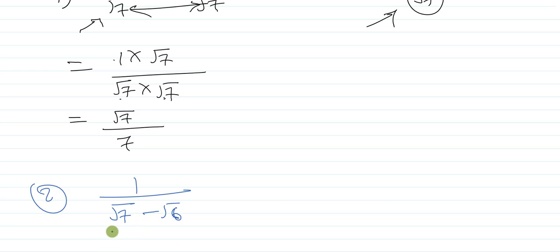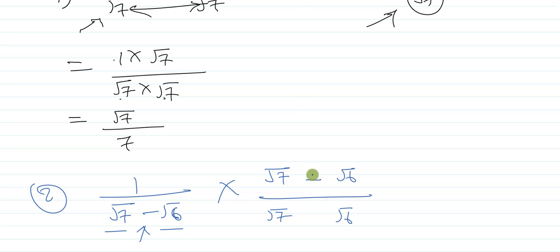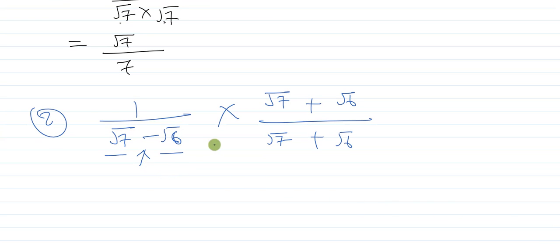If two terms are there in the denominator, here you can see two terms are there, just multiply by the same terms and change the sign. Here root 7, root 6 is there, and minus is there. Just change the sign, that is plus. If minus is there, you have to use plus in between. If plus is there, you have to use minus in between. As simple as that.